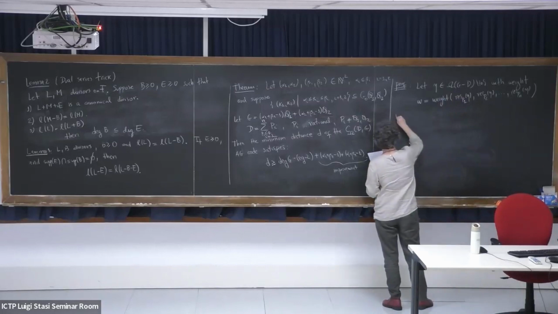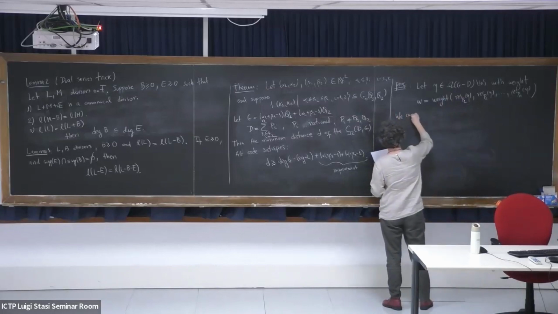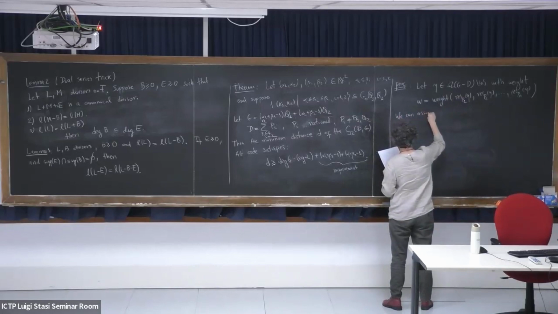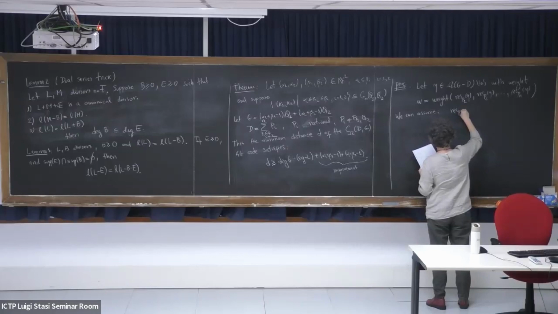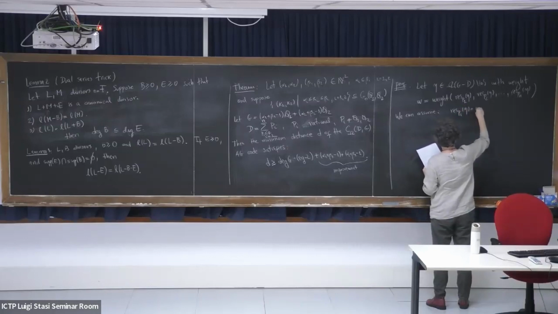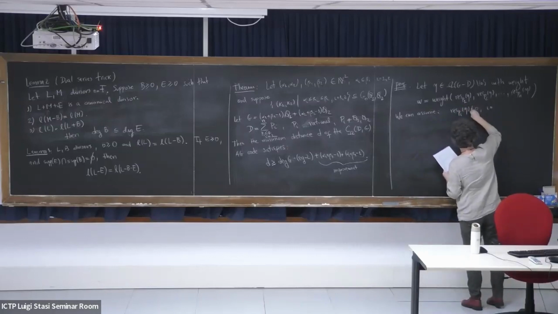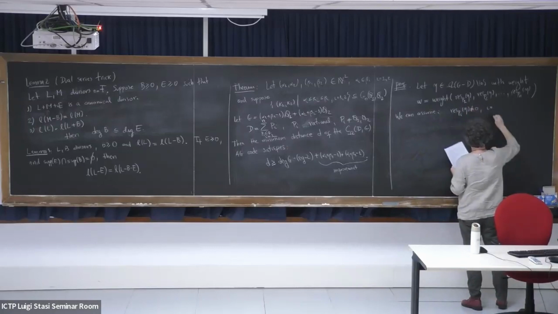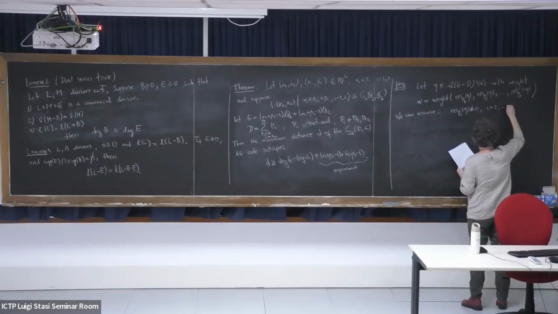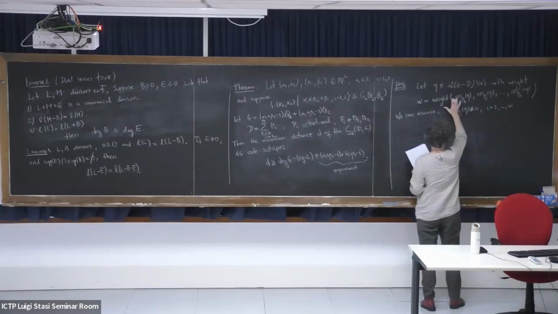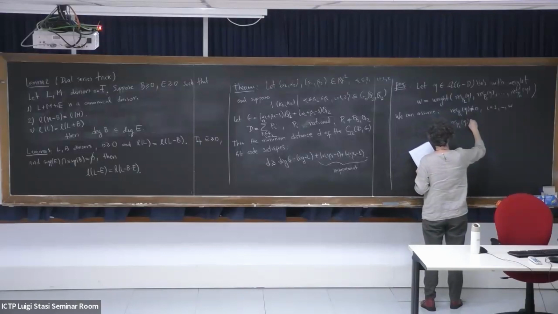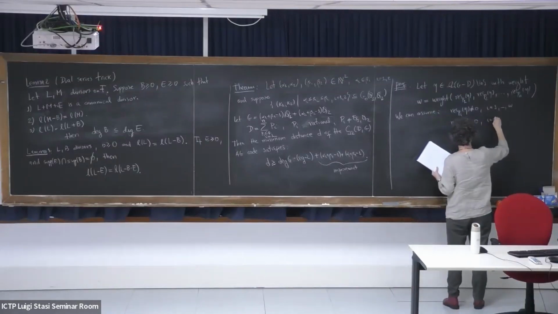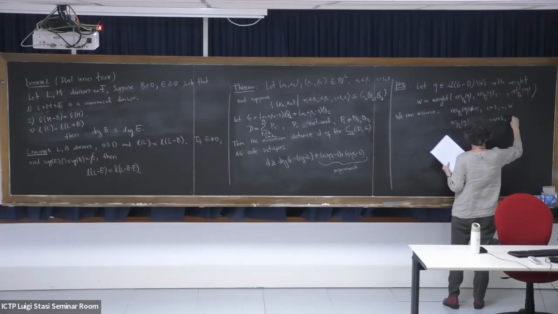So we can assume that the residue at P_i of eta is different from 0 for i from 1 to omega, so I have omega coordinates that are not 0, and that the residue at P_i of eta is 0 for i from omega plus 1 to n.